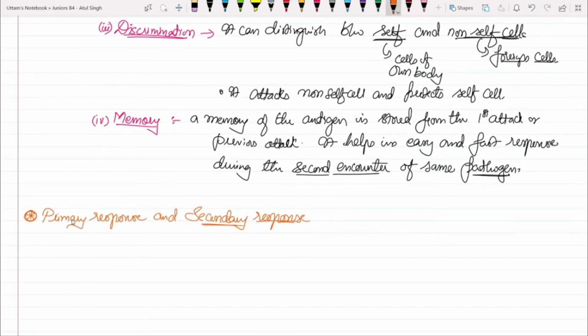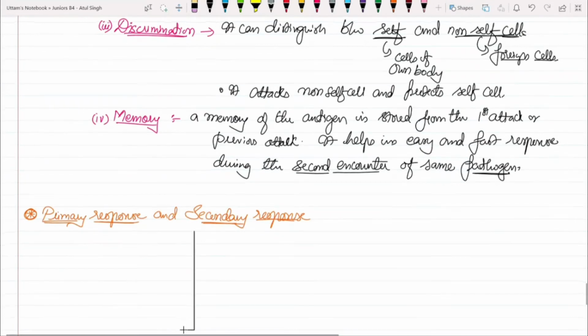Primary means whenever the first time a pathogen enters, it shows a primary response. It will initiate the primary response, and this primary response is of low intensity. I will first give you a graphical representation.